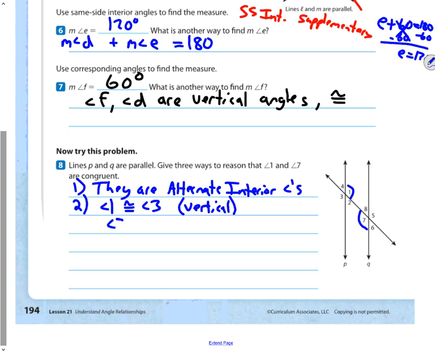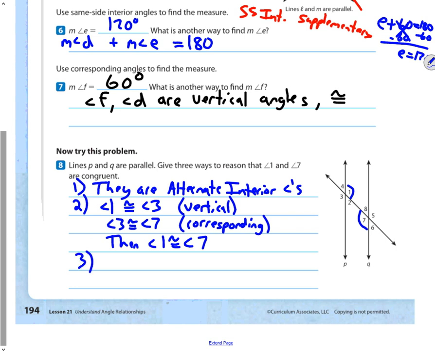And angle 3 is congruent to angle 7 because they're corresponding. They're in the same spot, just in a different intersection. And if 1 is congruent to 3 and 3 is congruent to 7, then angle 1 is congruent to angle 7. Okay, there's my second reason.